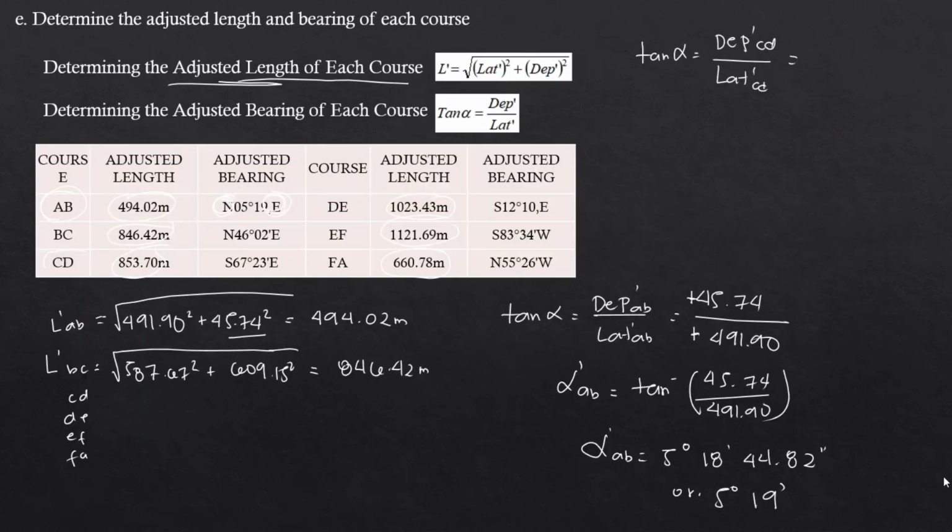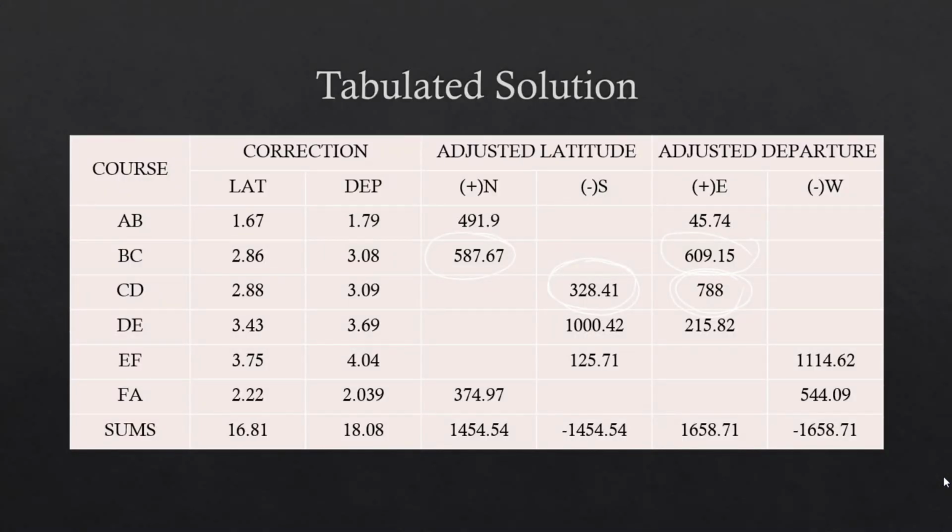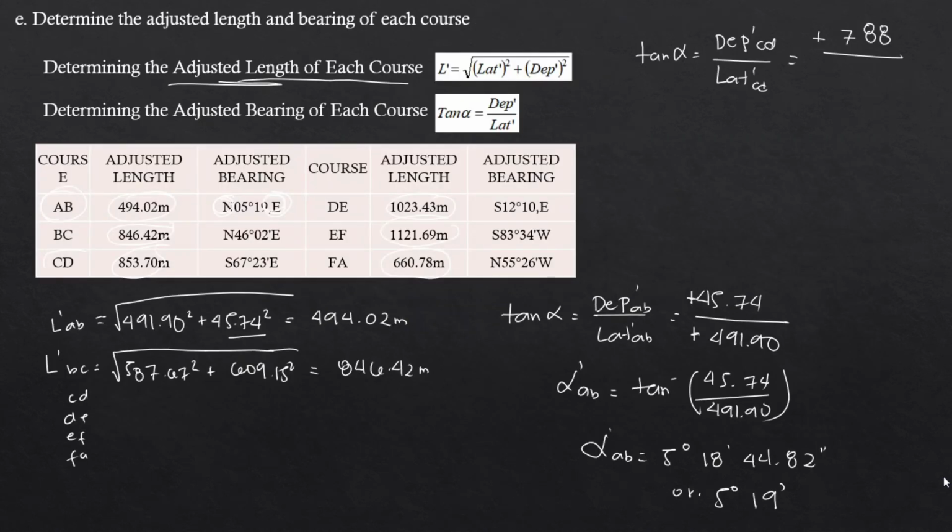Okay. So, DE natin is positive sa east kasi siya. So, 788 over latitude natin is 328.41. 328.41 negative kasi nasa south.